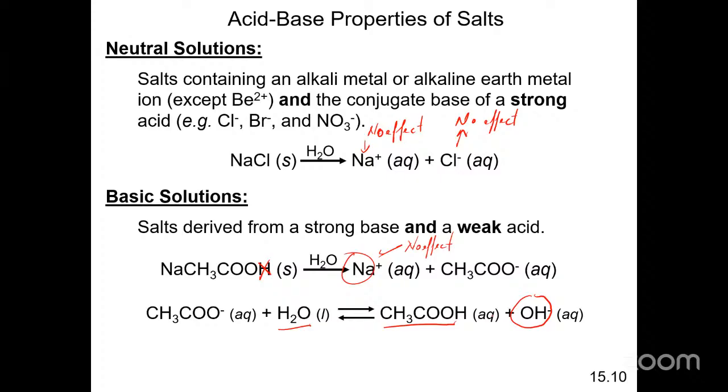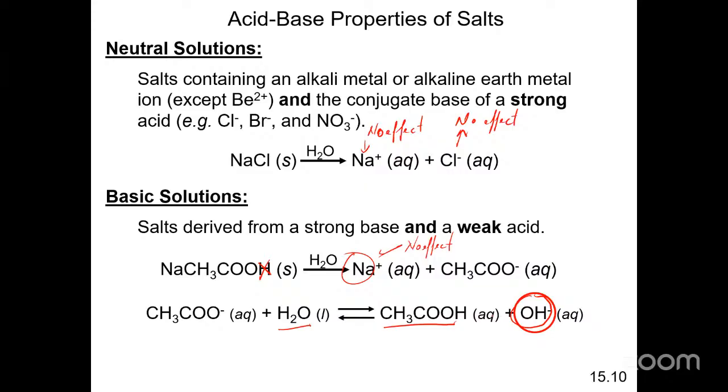So as a result of the increase in the concentration of the hydroxide ion, the pH of the solution would increase, all right? So that's basically what will happen if you add a salt from a strong base and a weak acid to water: the solution will be basic.